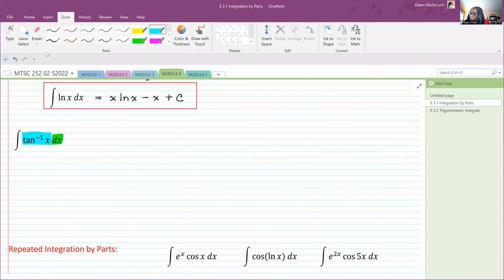Therefore u is the tan inverse of x, and dv is dx. Here's the big question: what is du?